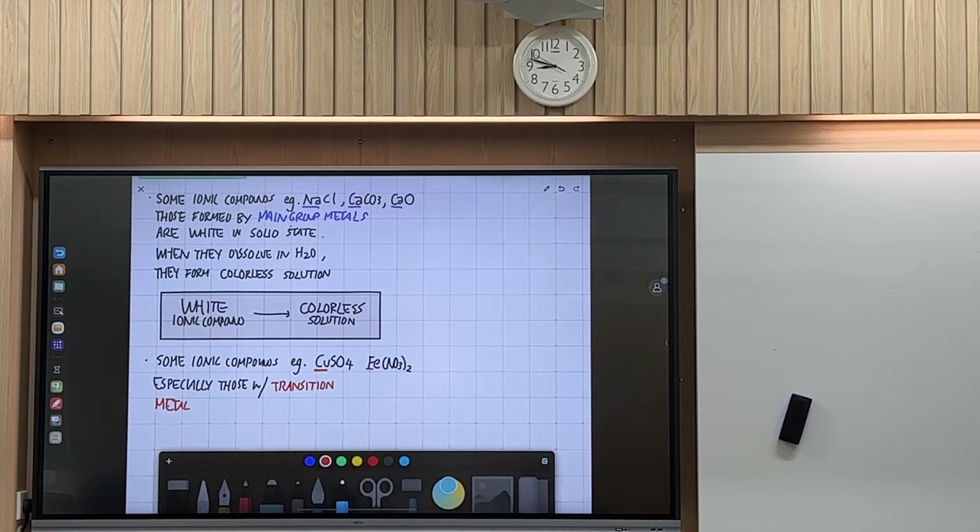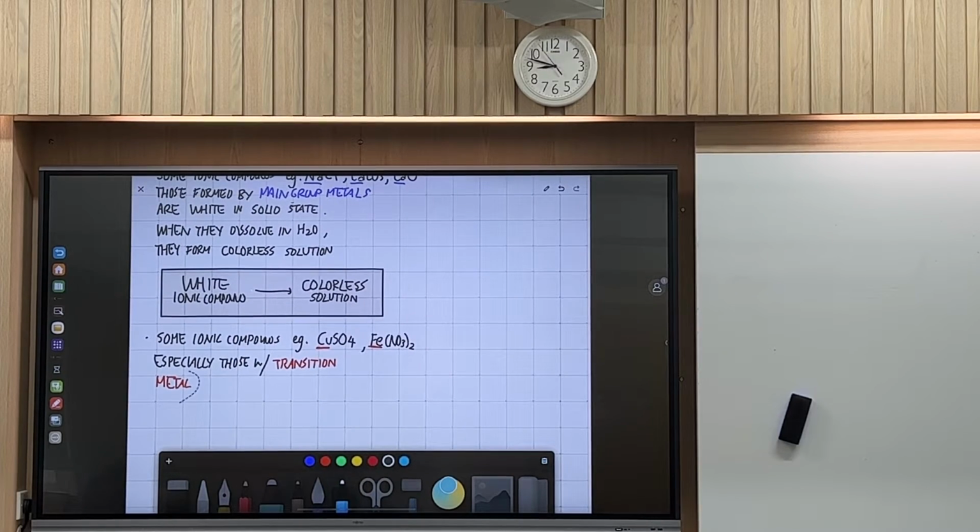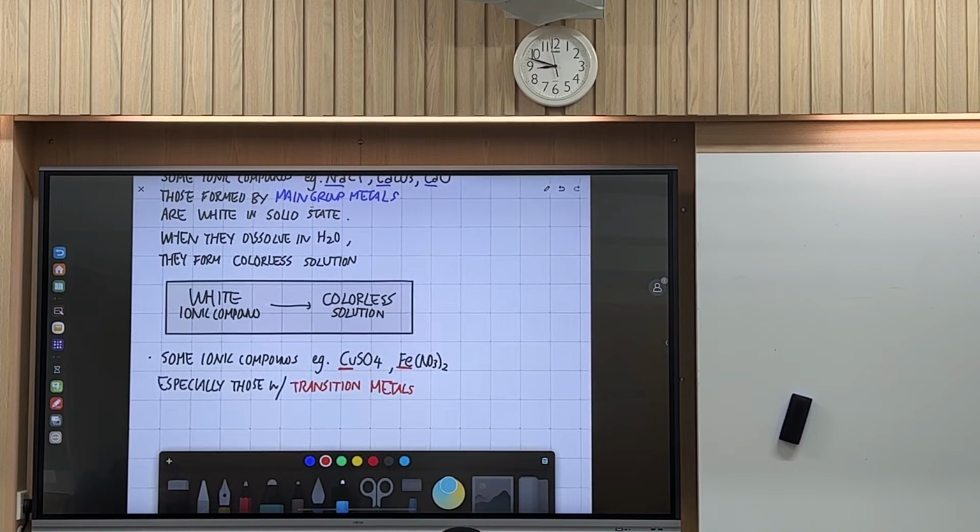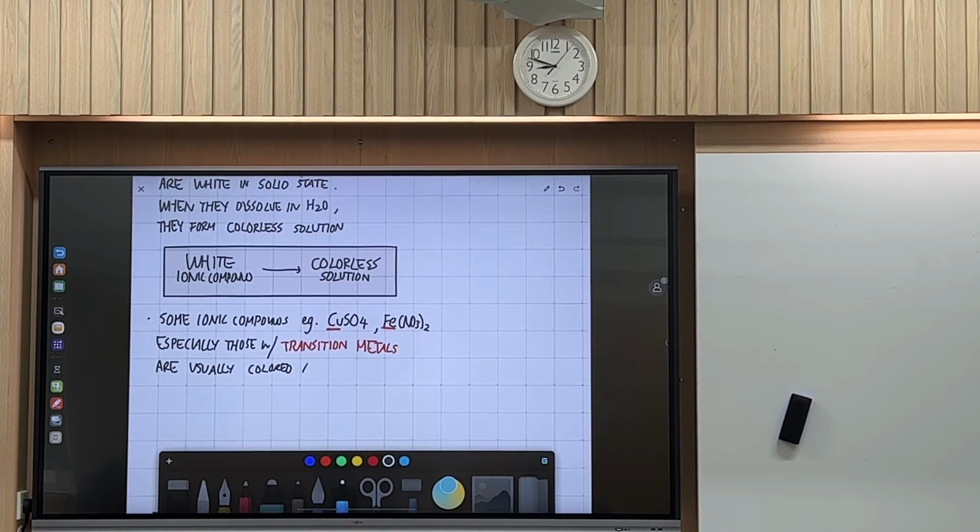So you see there's iron in here. Iron is a transition metal. So those with transition metals, we say they are usually colored, and they may dissolve to form colored solution.